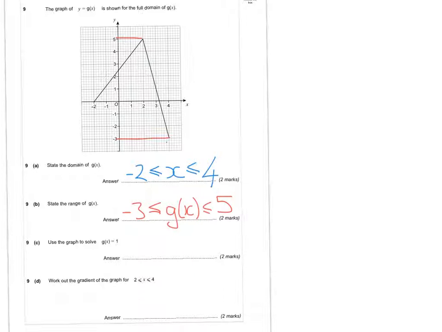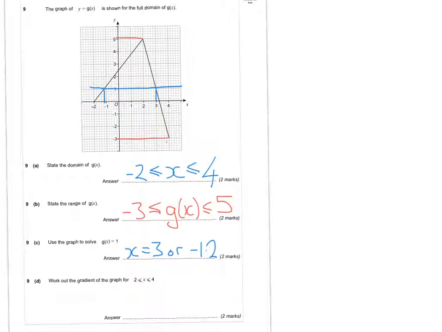Use the graph to solve g of x equals 1, so here's 1. So we've got a solution at 3 and a solution at -1.2. X equals 3 or -1.2.